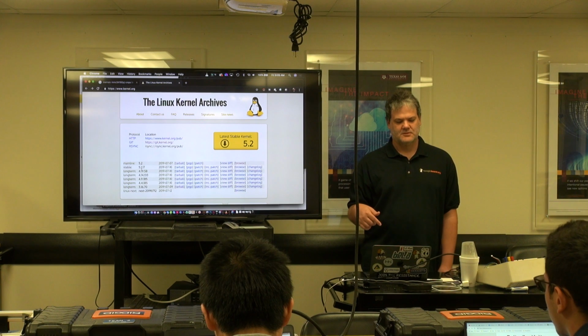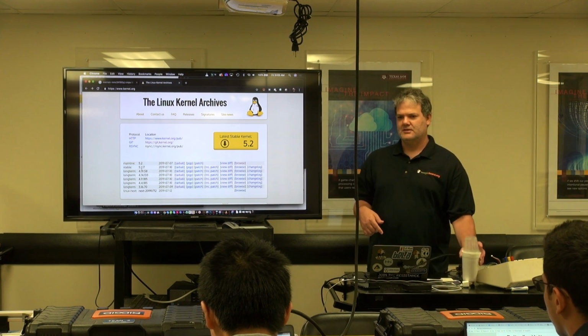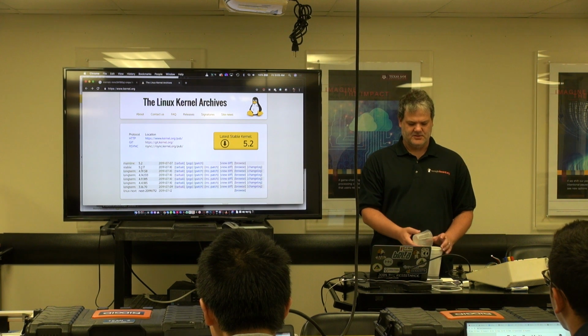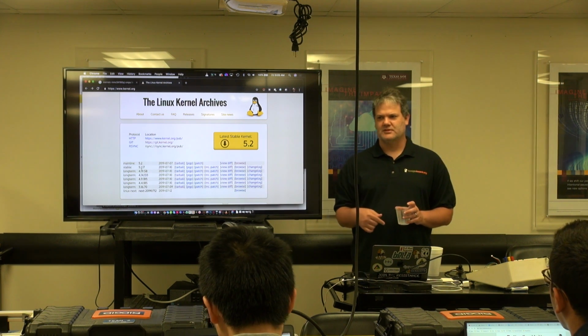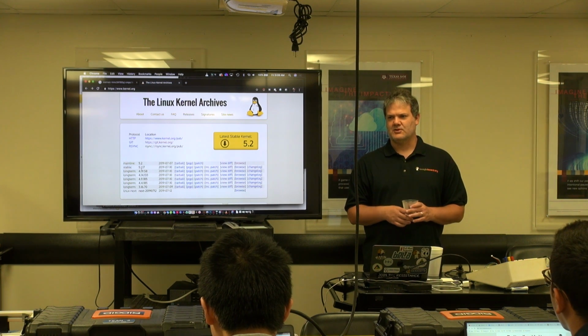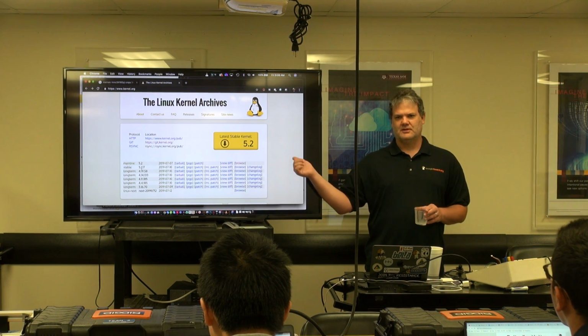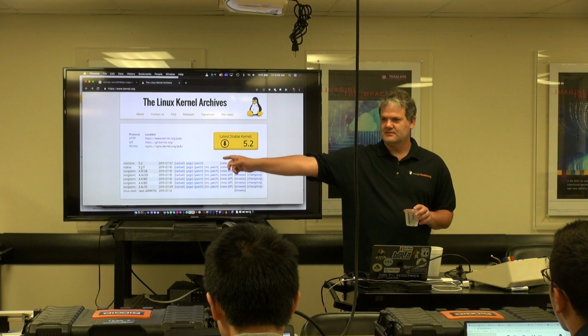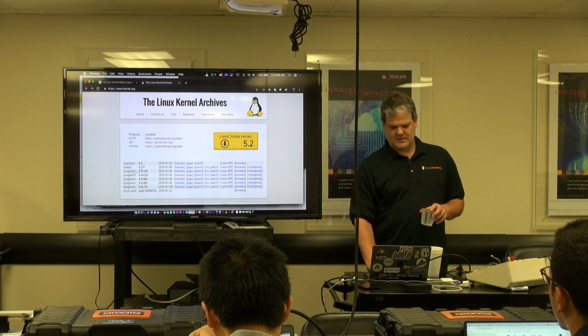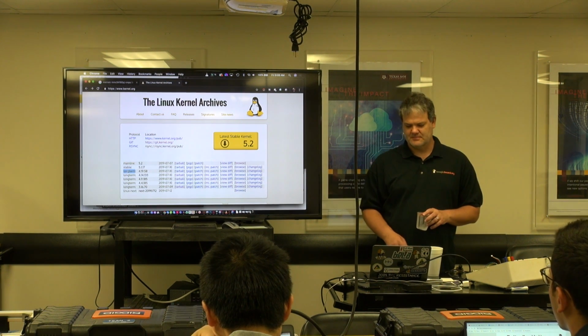Instead of getting all of the very latest changes, you get a version that just has patches placed on it that fix bugs and security holes. That's what long-term support is. Does that make sense? I don't see the long-term. Right here, it just says long-term.